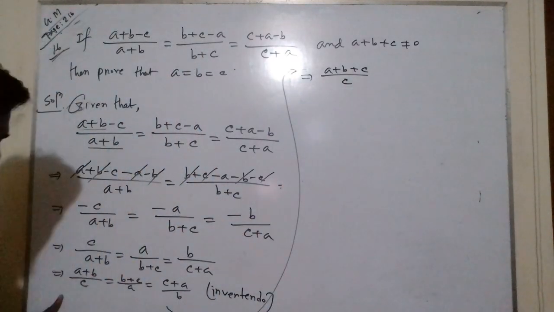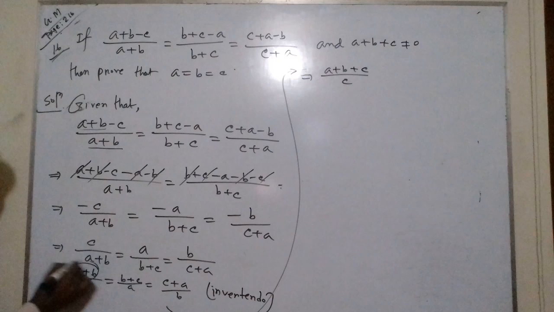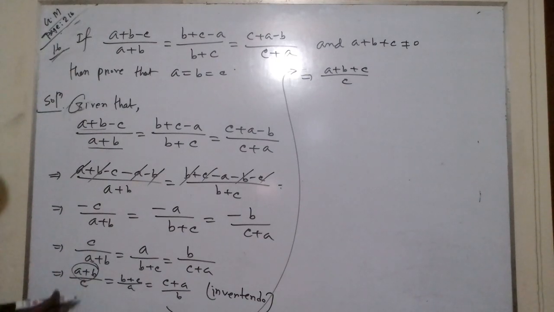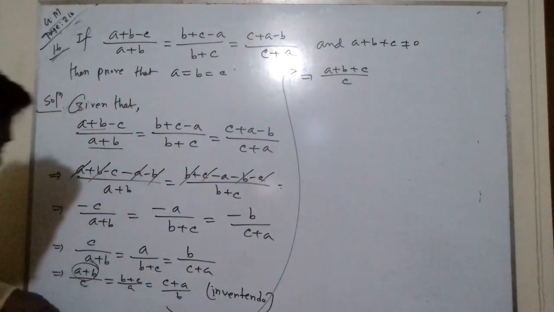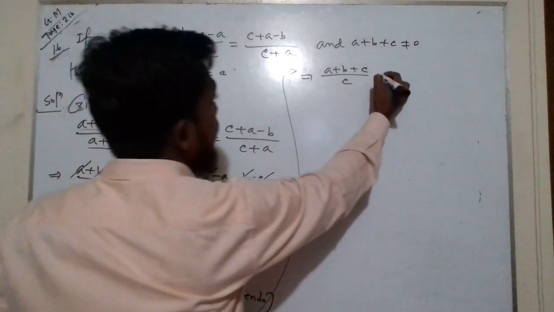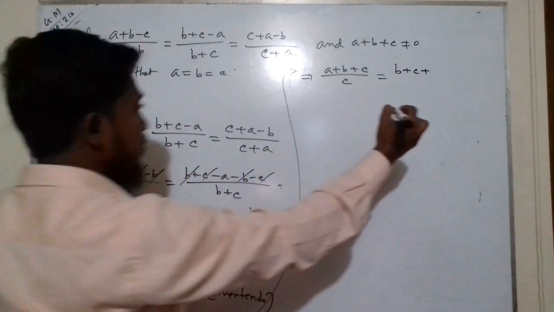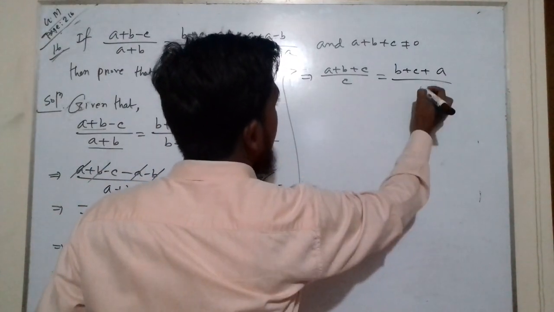That means numerator plus denominator divided by denominator. This a plus b is the numerator, and c is the denominator. So numerator plus denominator divided by denominator equal to b plus c plus a divided by a.